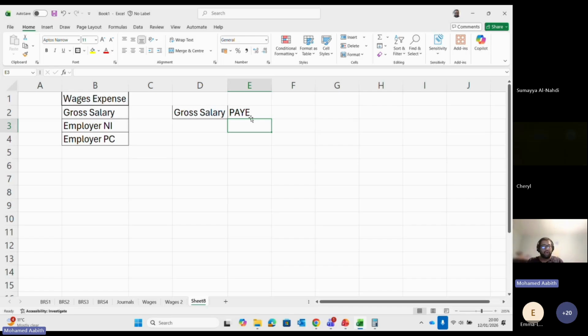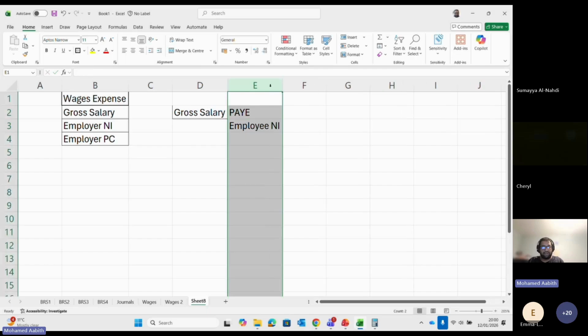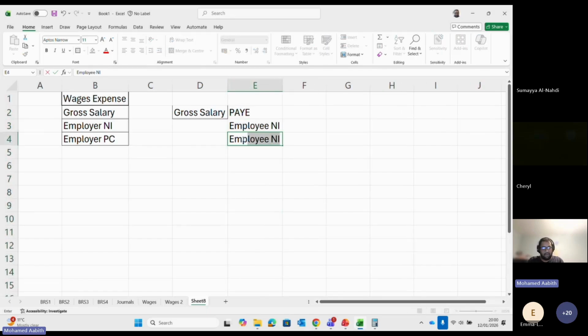Then you also have your own employee NI, that is your national insurance contribution, and then you have employee pension contribution, and you may also have other things like union, student loan, charity.